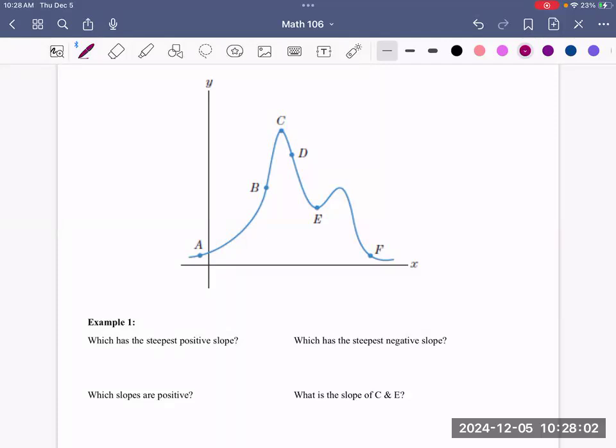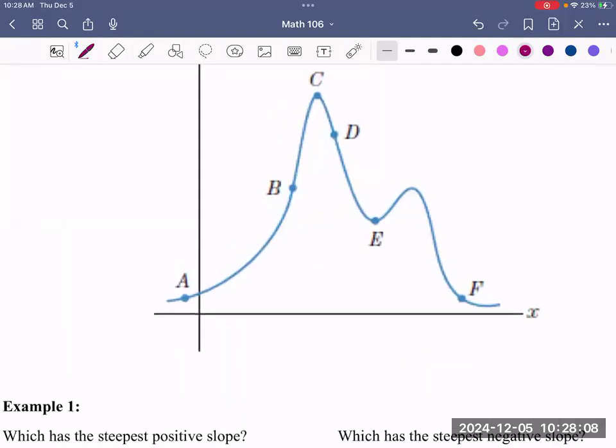Now, when we look at your positive slopes, this is where your curve or your line is going up. Notice that if I'm drawing a straight line through these points, we want to just try and touch that graph once here. Notice that this is a positive facing slope at this particular point.